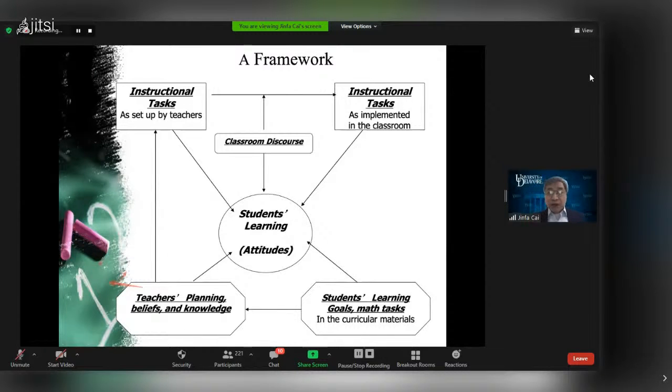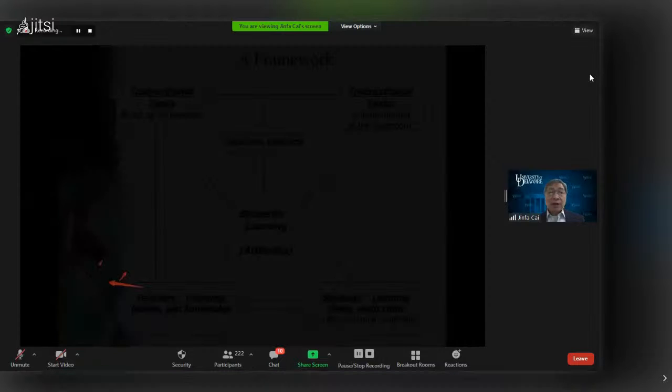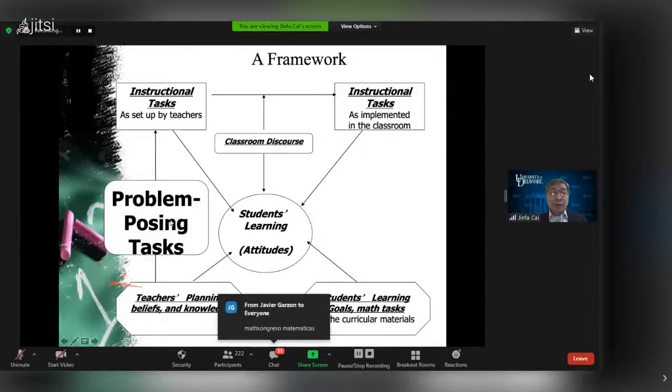But usually in our classroom instruction, we use so-called problem-solving tasks to reach the goal of learning mathematics for students. But in problem posing, those tasks become problem posing tasks. So instead of a problem-solving task, a problem posing task would be placed here.